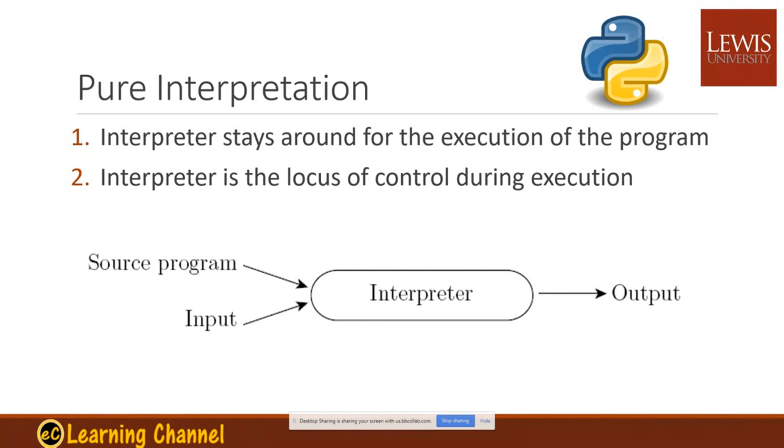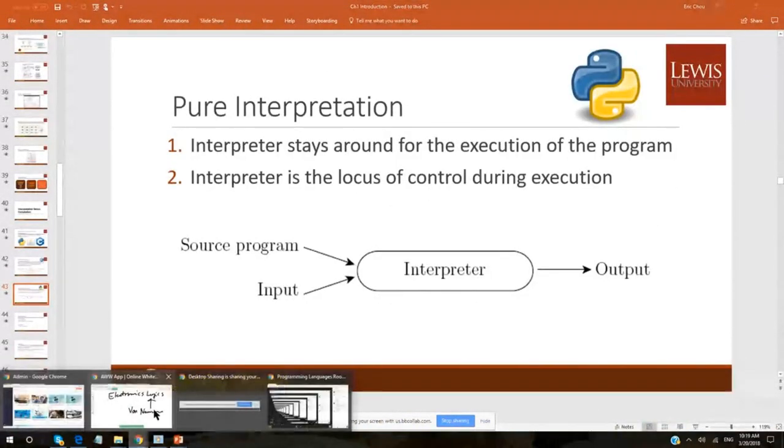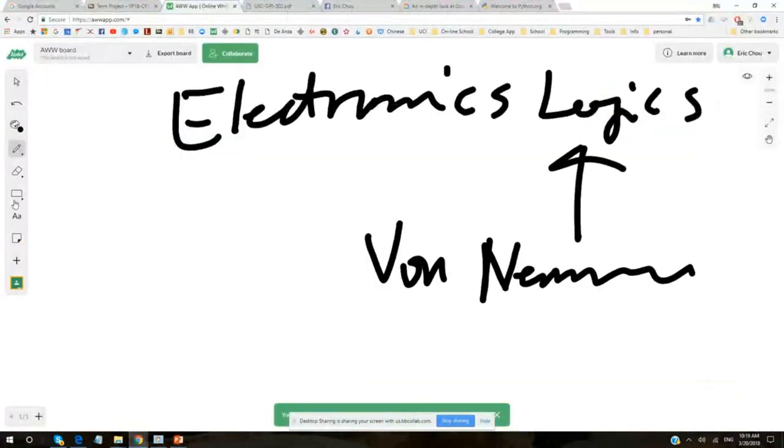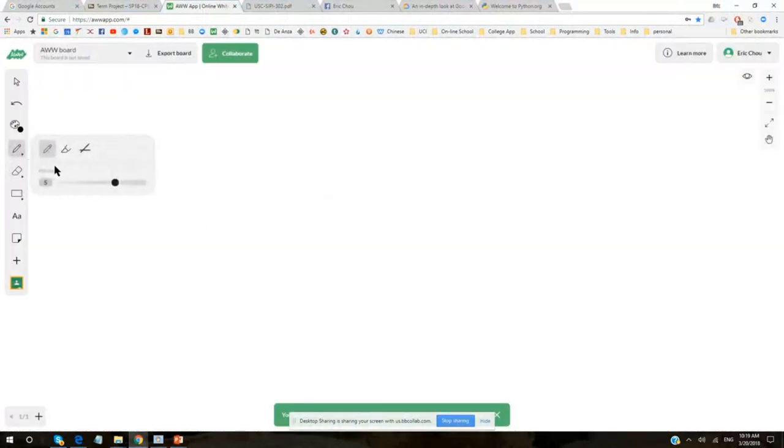Okay, let me choose an example for you. So right here, what is a compiler and what is an interpreter?